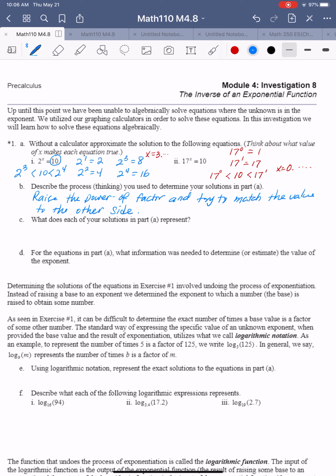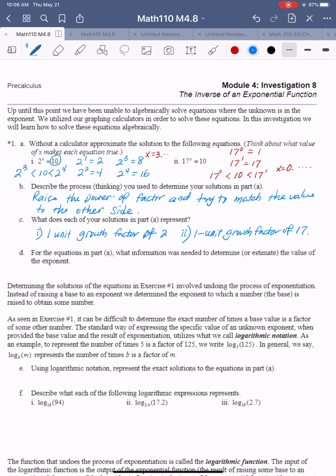What does each of the solutions in part A represent? Part 1 was the one unit growth factor, increasing by 1 as an exponent, of 2. And number 2 is the same thing, but with a one unit growth factor of 17 this time.